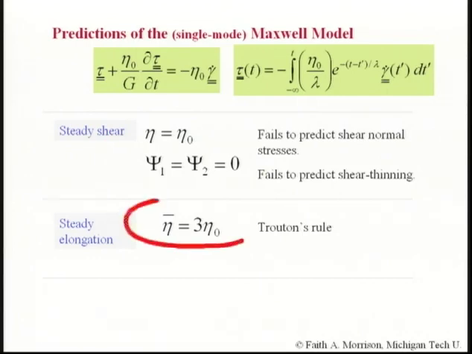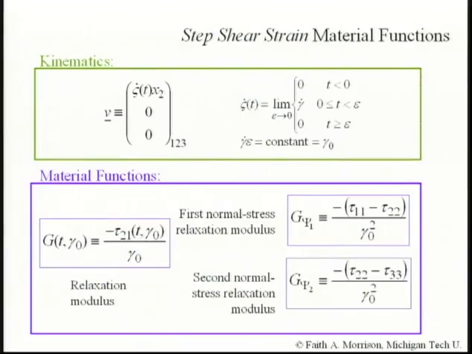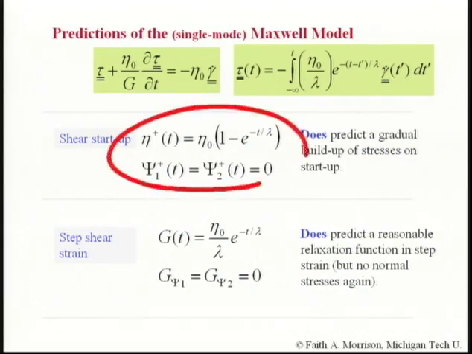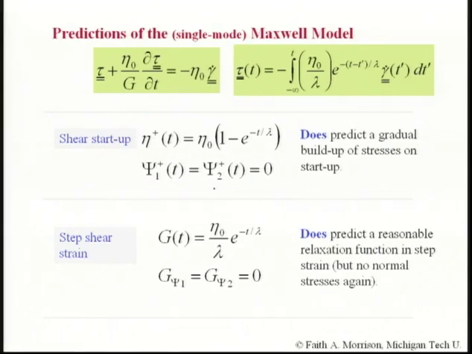They predict constant elongational viscosity, and Trouton's rule, which is that 3 times the shear viscosity is equal to the elongational viscosity. In step shear strain, it predicts something that is observed, which is exponential decay of the stress. And in startup, it predicts a gradual startup, which is also observed.